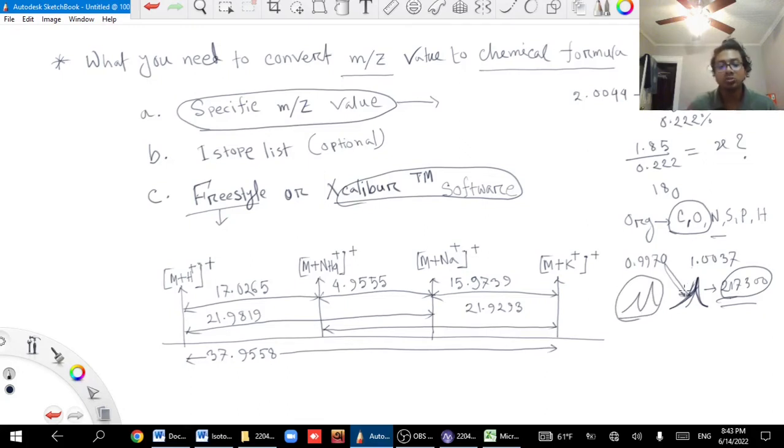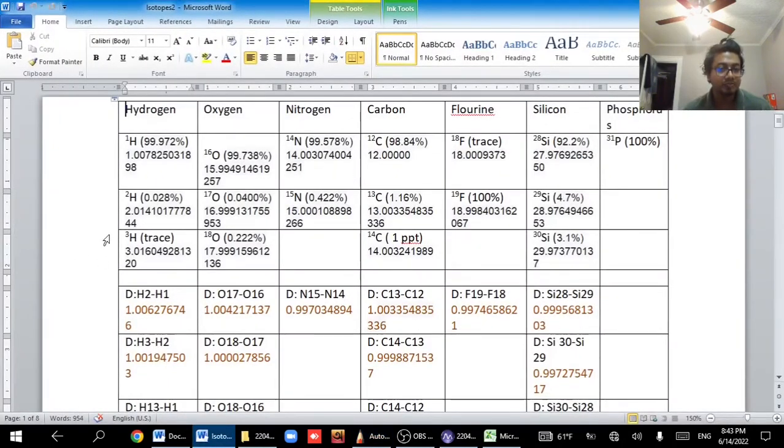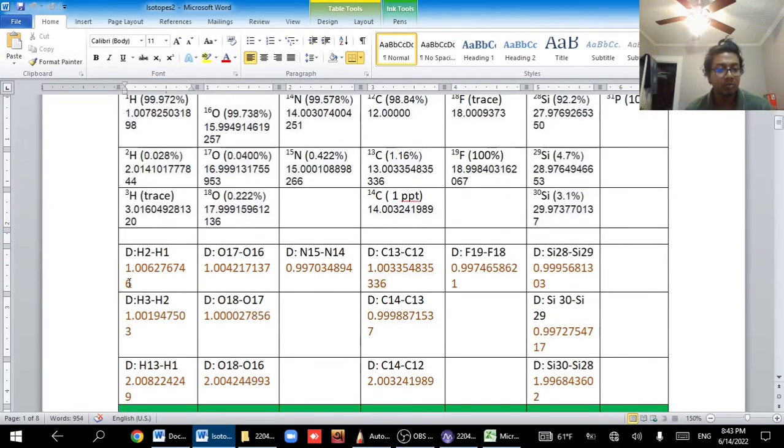And also remember the hydrogen peak. This is so tricky to find. This is deuterium, 2 hydrogen, the abundance is 0.028%, and the difference is 1.006 to 2.0082, like that.